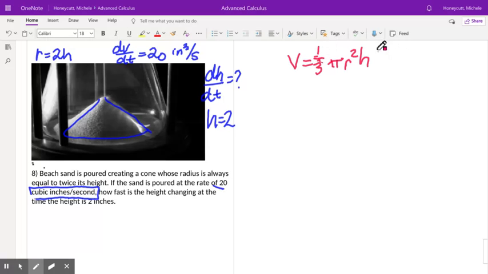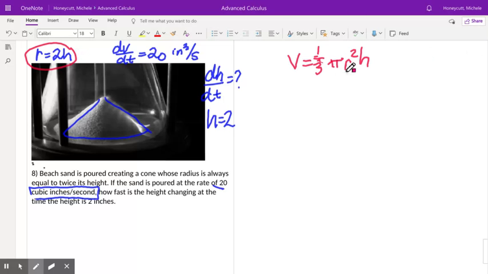Now, is anything constant? No, the height does change, the radius does change, but it does tell me that the radius is twice the height. So this is a hint that tells me I can substitute in something for that radius.